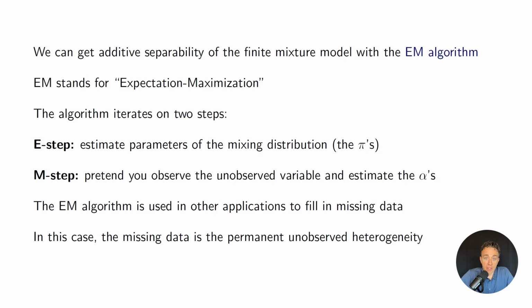If you're familiar at all with machine learning, you might have come across the EM algorithm in that context. In machine learning, the EM algorithm is used as a way to fill in missing data or to identify clusters of similar groups in the data. It's what's called an unsupervised learning algorithm in the machine learning literature. It's also sometimes called soft classification because the classification is based on unobserved attributes.